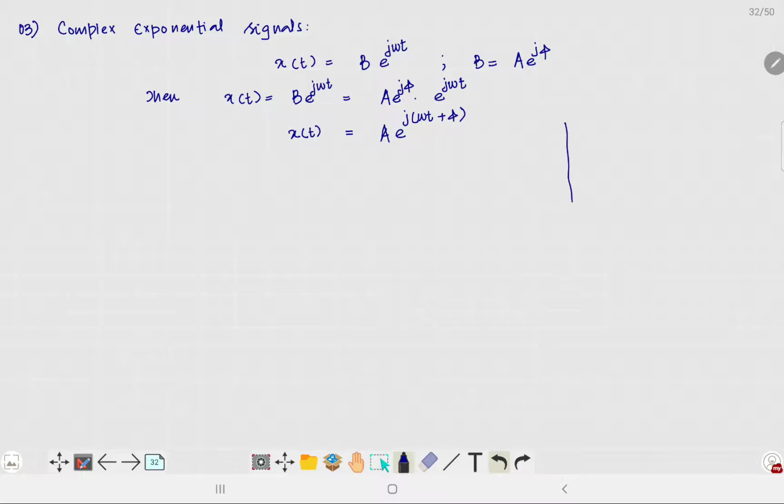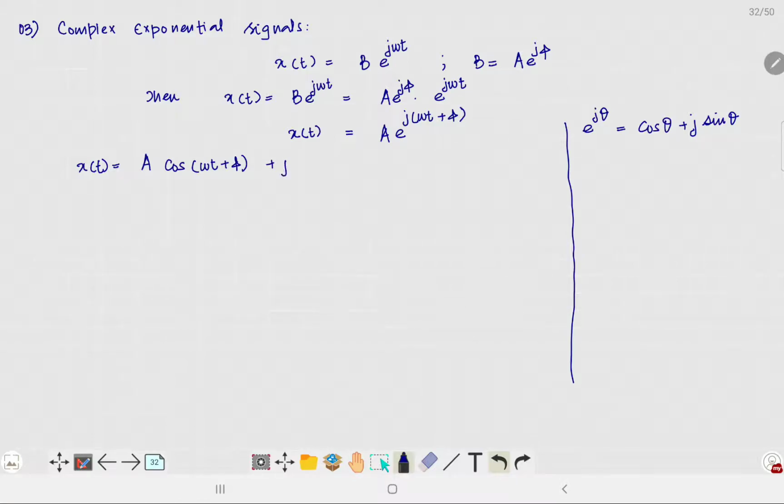Now there is a formula, again you must have done it in your trigonometry course. We call that Euler's identity, that e raised power j theta is cosine of theta plus j sine theta. Right? This is a very famous identity in complex analysis as well as in trigonometry. So if I use this here, then x of t will be a, first we will have the cosine component, cos of omega t plus phi.